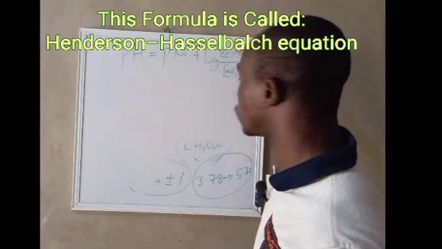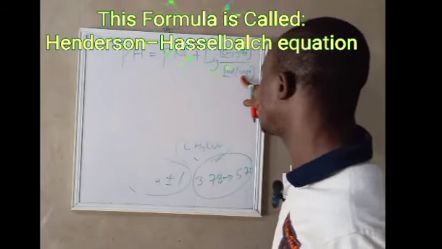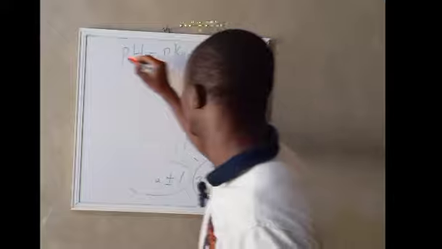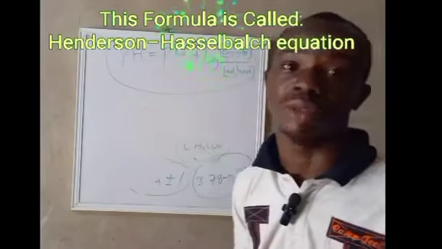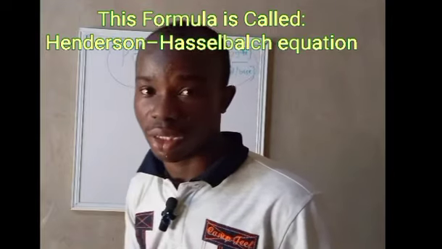If you have a weak acid there, this one will be the conjugate base. If you have a base here, this one will be the conjugate acid. This is the formula that we use for a buffer system.